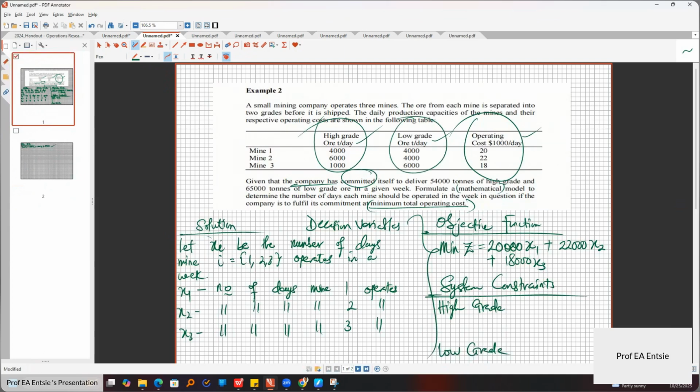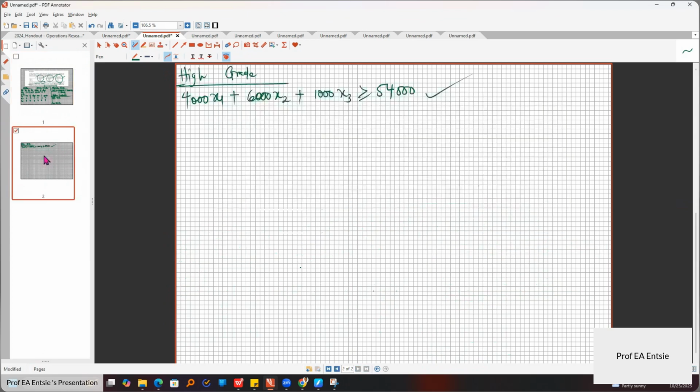We come to the constraint for low grade. The commitment is 65,000. How many tons can mine one produce for low grade? 4,000 again.